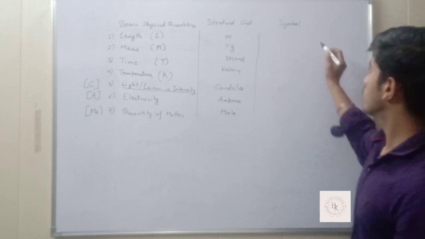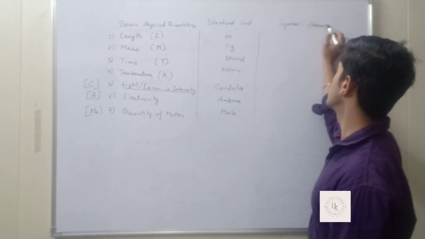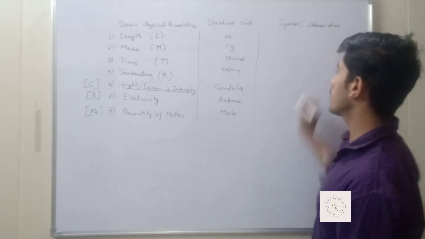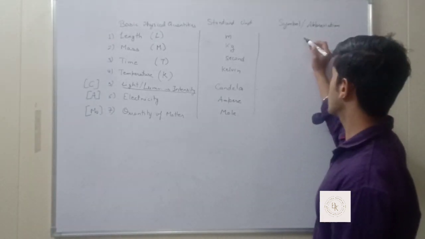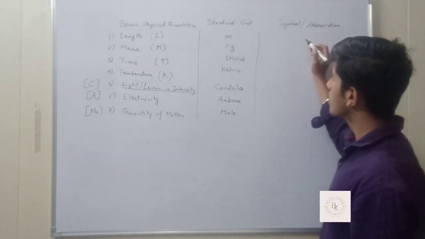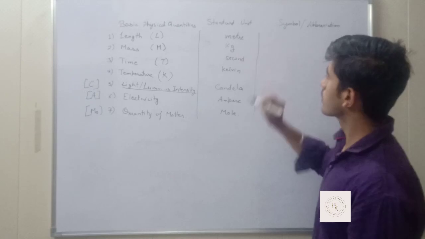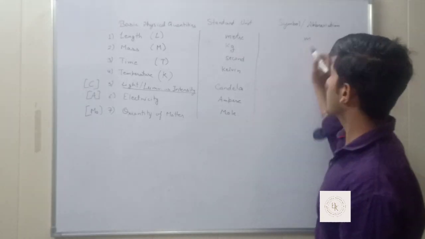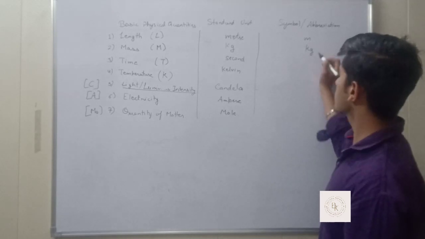What is the symbol, the abbreviation used? For length, meter is used, so the symbol will be M. Here is the kilogram, symbol is kg.